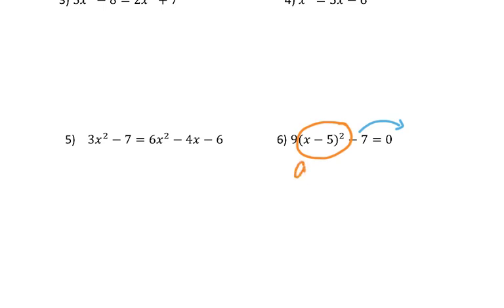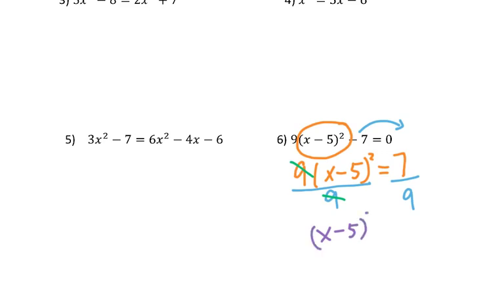You will get 9 times x minus 5 squared equal to 7. Then you need to divide both sides by 9. So you will get x minus 5 squared equal to 7 over 9.